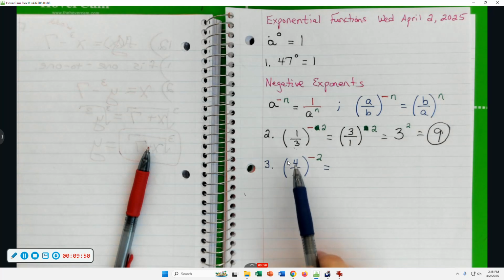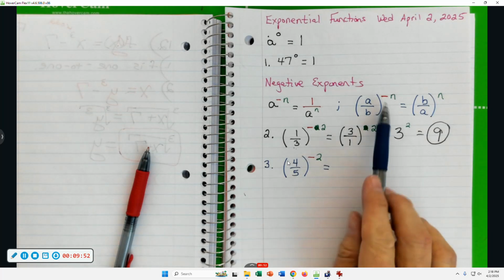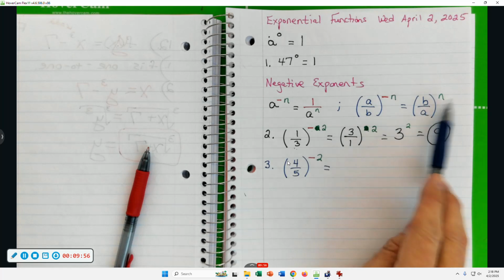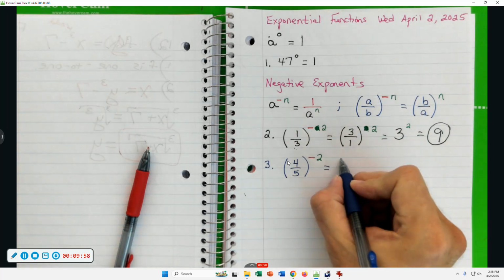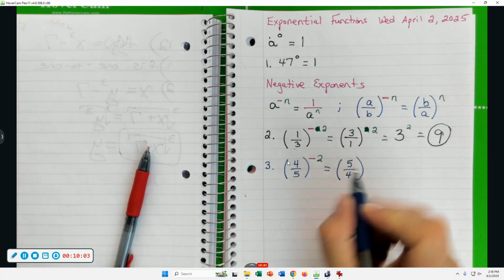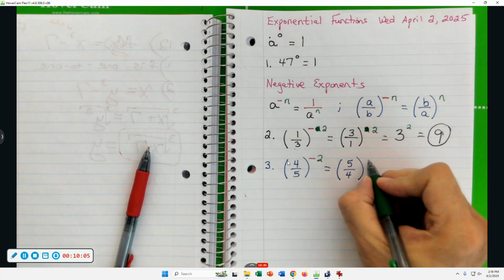We're raising a fraction to a negative power. So that means flip the fraction and use the positive exponent. Flipping the fraction makes the exponent positive. So we now have a positive 2.